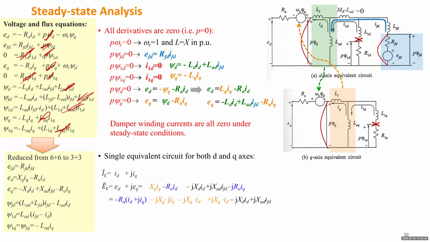That is the internal voltage, or the EMF, of the generator model. We define everything here as the internal voltage, and that one is purely imaginary. Purely imaginary means it's in the Q axis, so that's why we define it as E_q.